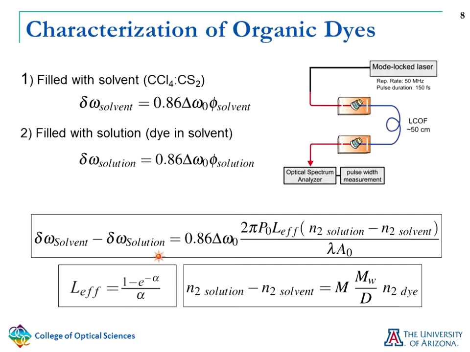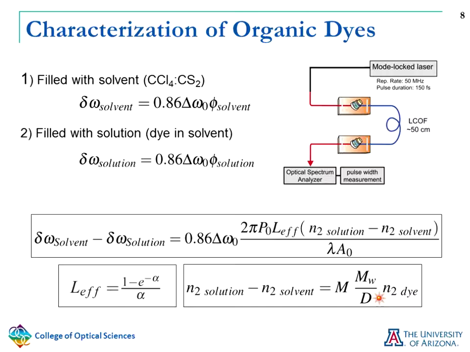And we know that the difference between the nonlinear refractive index of the solution and the solvent is dependent upon the N2 of the dye and the concentration of the dye. So by two simple measurements of the pulse spectral width, we can basically extract the number for the N2 of the dye.